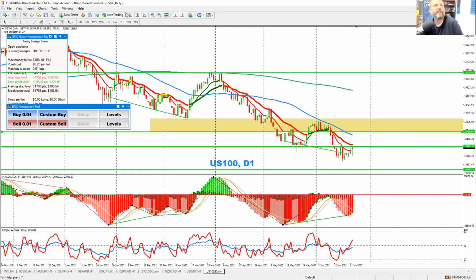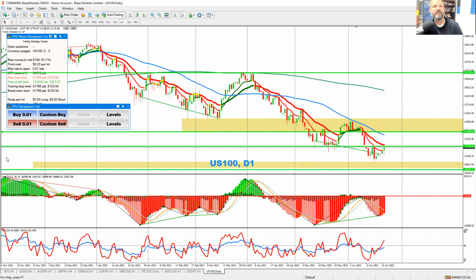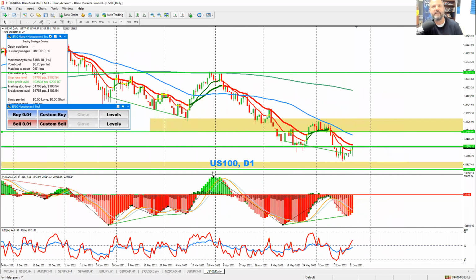But I can draw a zone here down to the downside, and drawing zones in advance is really cool. I mean, it's just so cool because you know where the market is going, right? And you know where the market has been. And when it gets there and it does what you were anticipating, you're like, okay, I know what to do. I know what to do right here, right?